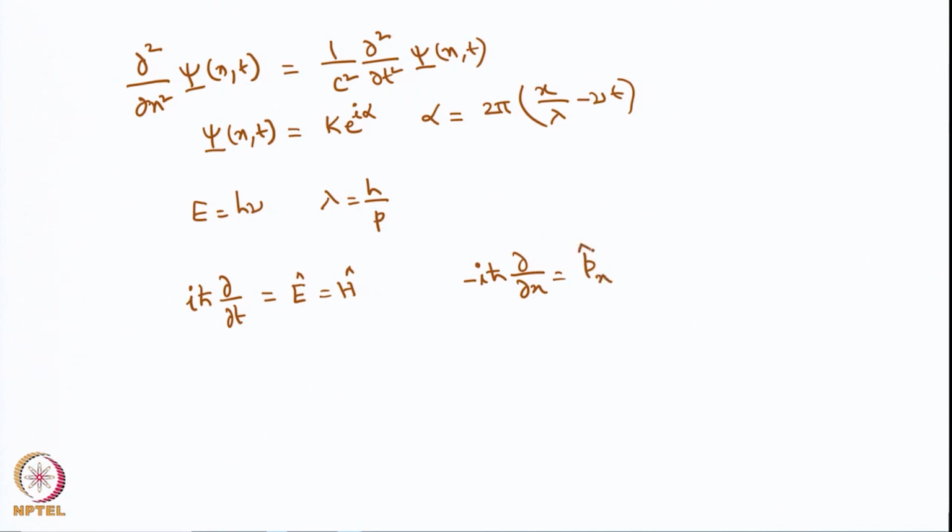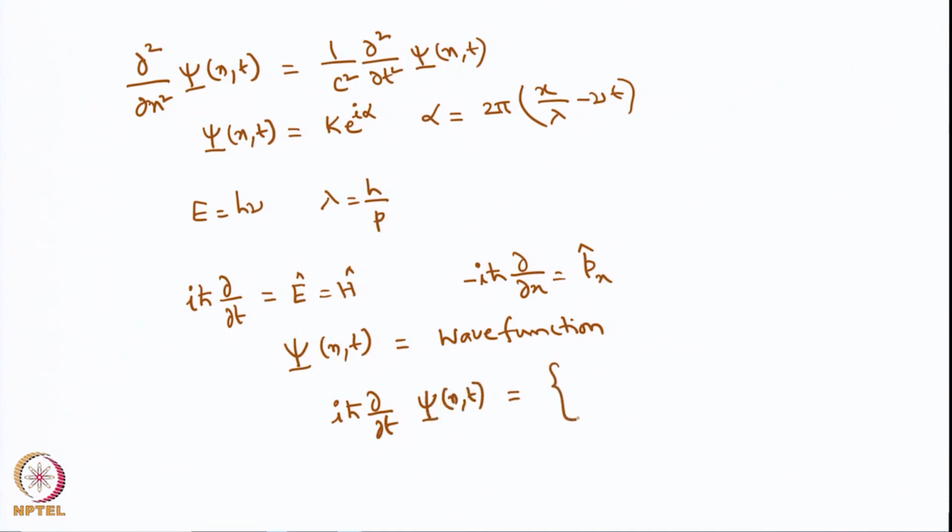We further developed that psi of x comma t is called the wave function and is governed by the time dependent Schrodinger equation, which says i h bar d by dt of psi of x comma t is equal to minus h bar square by 2m d square by dx square plus V of x comma t acting on psi of x comma t.